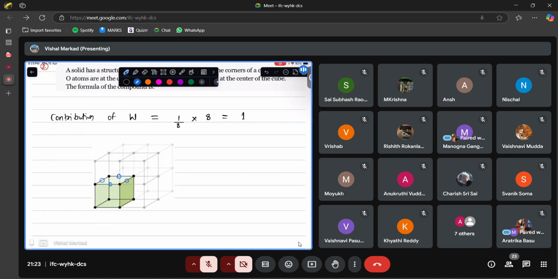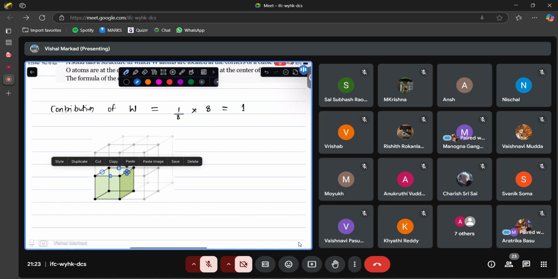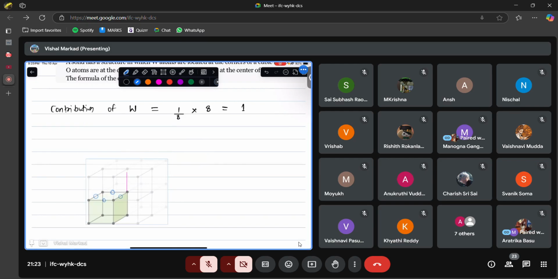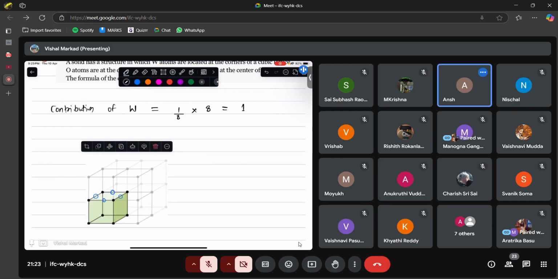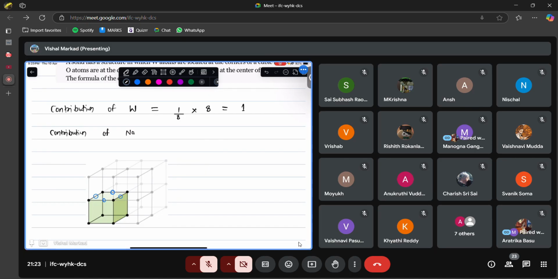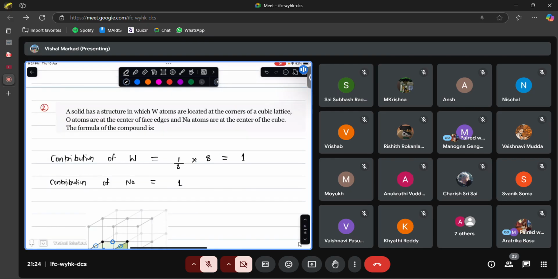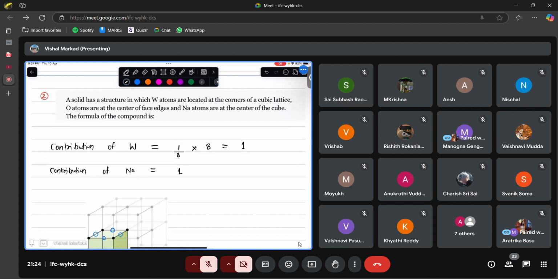If sodium atoms are at the center of the cube, total how many sodium atoms will there be? 1 only. Correct. So the contribution of sodium will be 1. Okay. What have they mentioned for the edges?